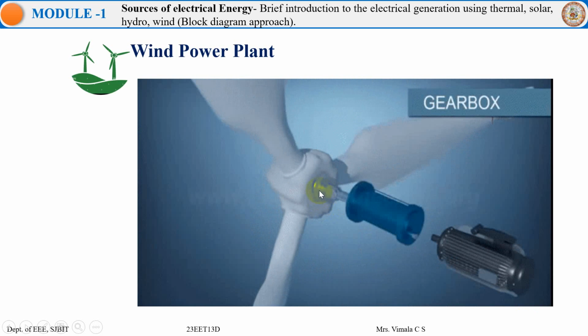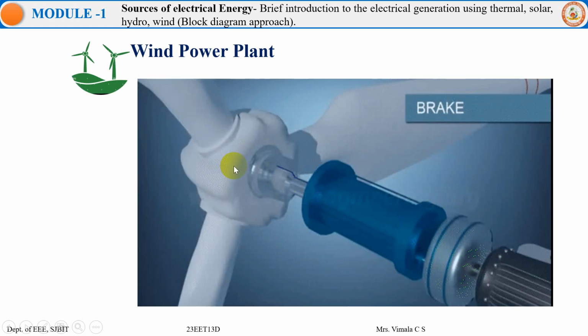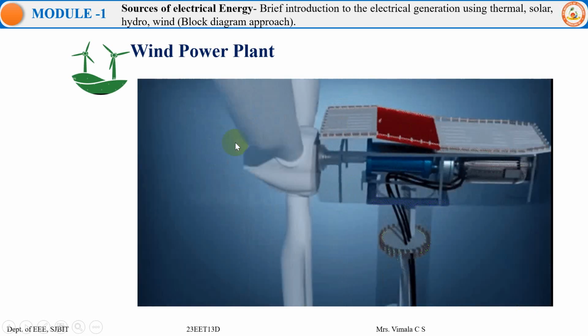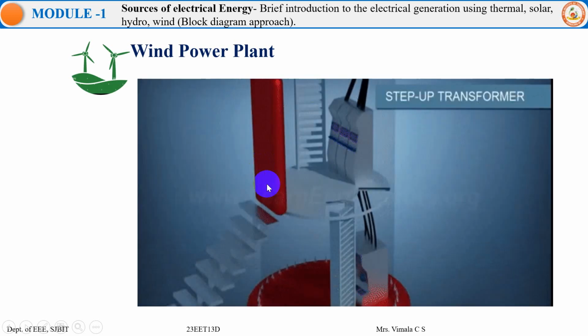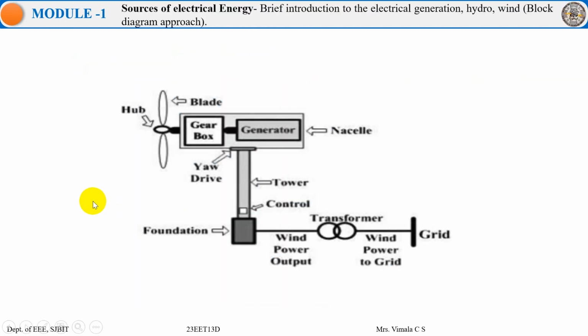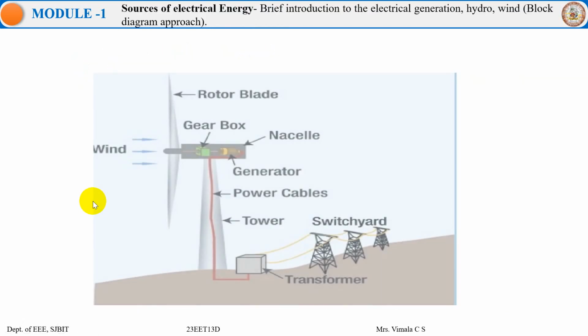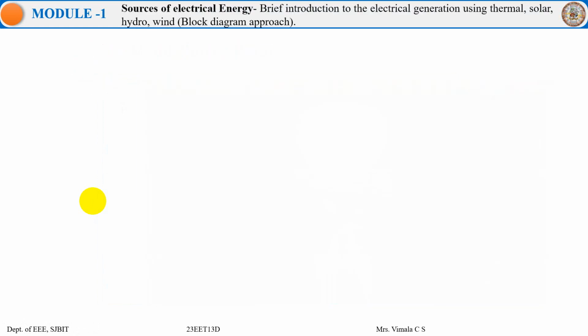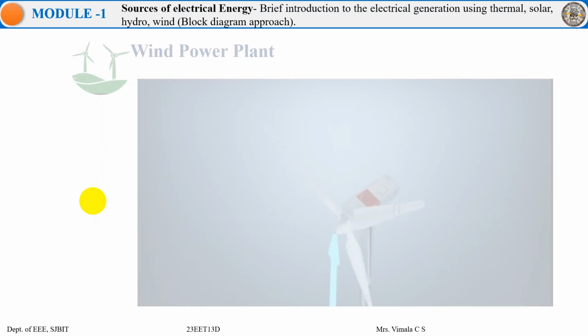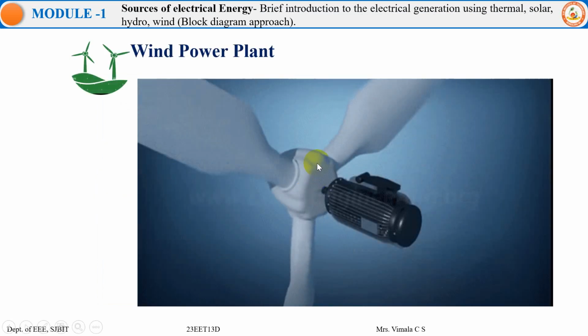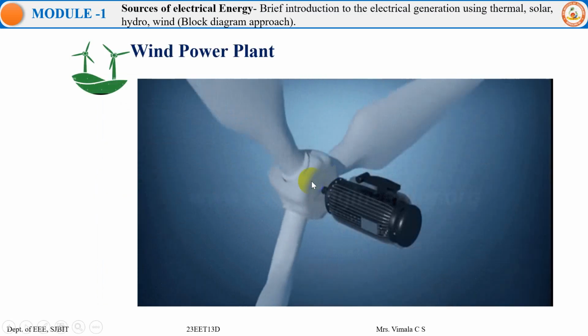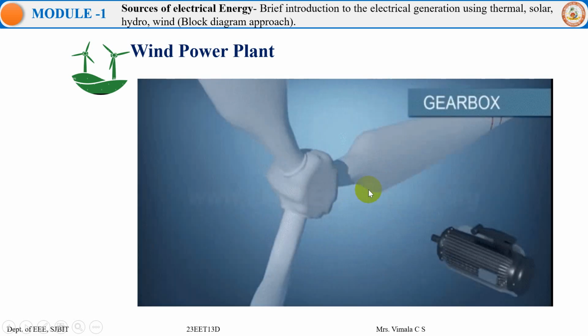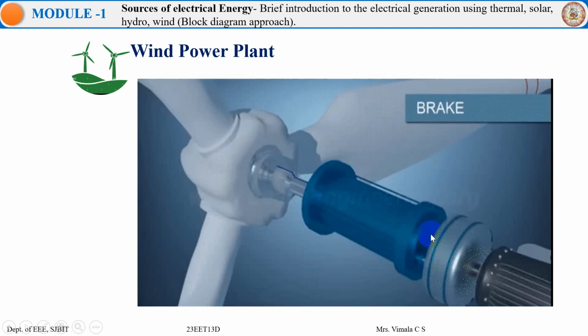As soon as we have wind blades, we cannot directly give it to the generator rotor because the speed of the wind is not sufficient to generate electricity. So we use a gearbox where the speed is improved and then given to the shaft of the generator.